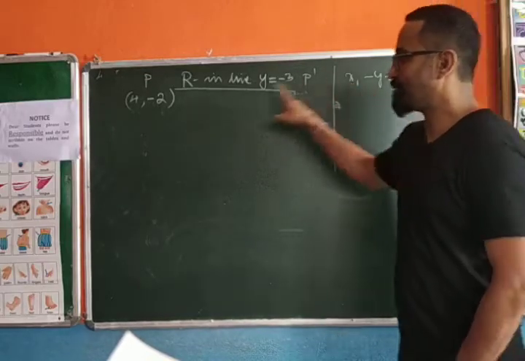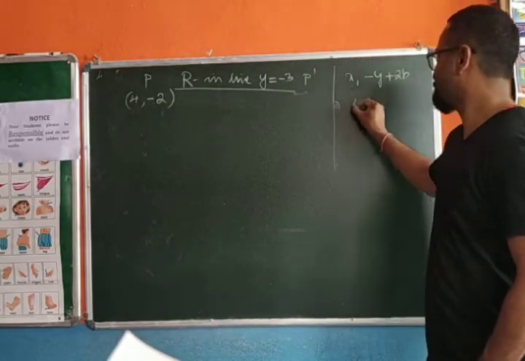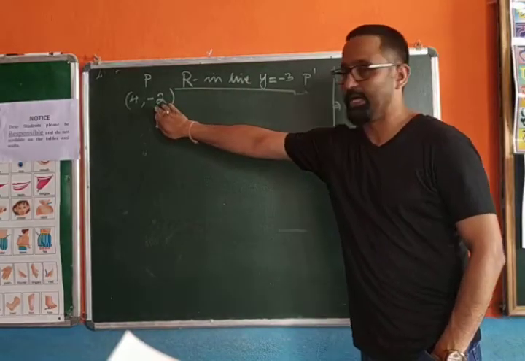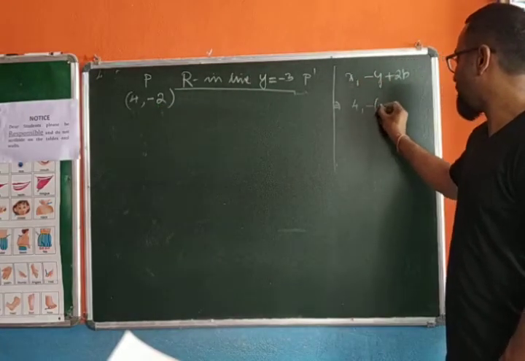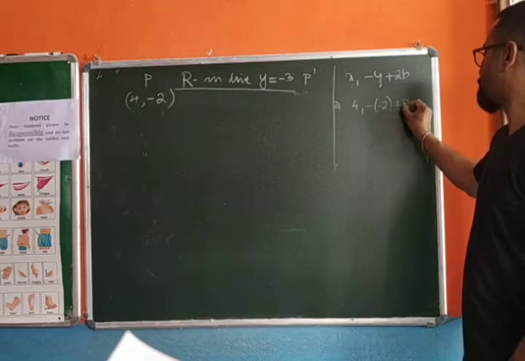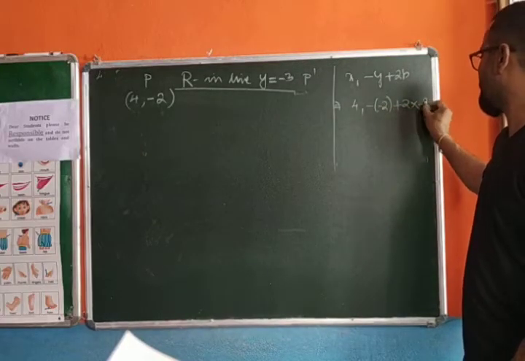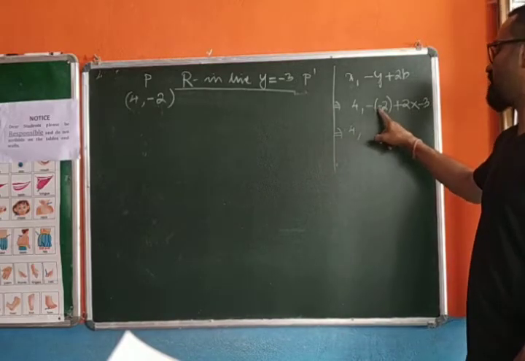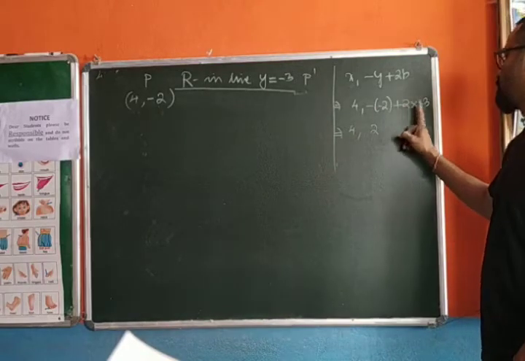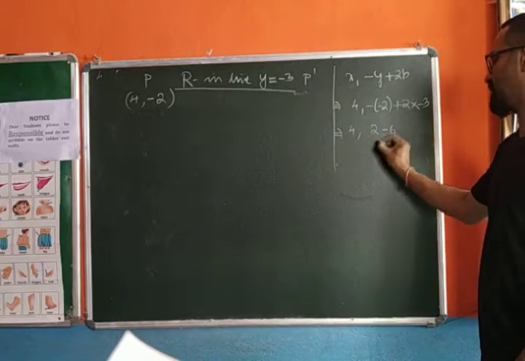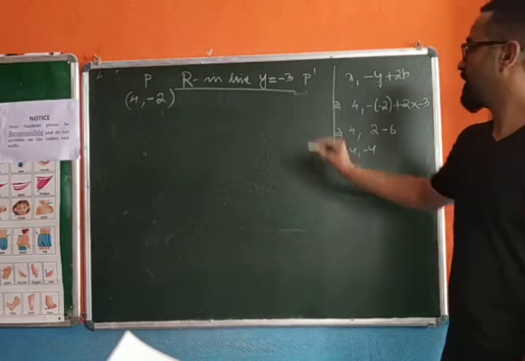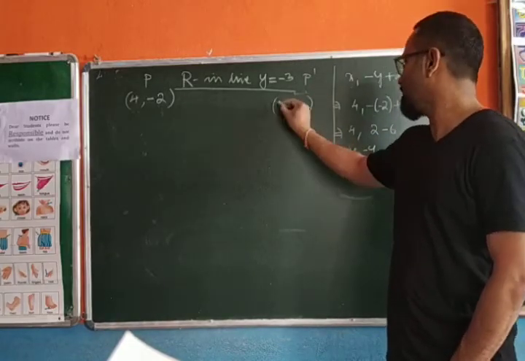X stands for abscissa. It is 4. Y stands for ordinate: -(-2) plus 2 multiplied by -3. 4, minus multiplied by minus is plus, 2 into 3 is -6. 4, -4. Simplify it and then write the coordinate here.